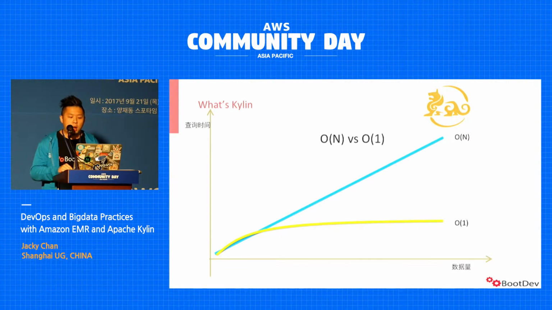OLTP is online transaction processing, which means checking the data by transaction, by direct query, which will be directly proportional to the data size it has. But OLAP is pre-processing the data before you query it, before you check the data. The effect is that it will give you a unified query time or checking time.